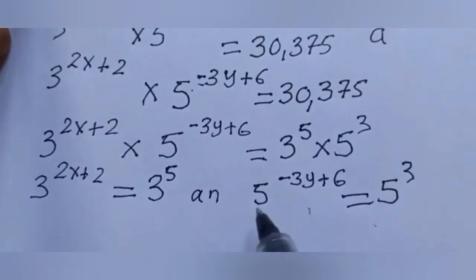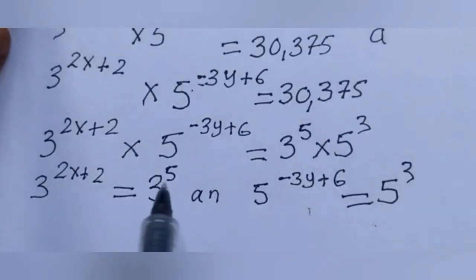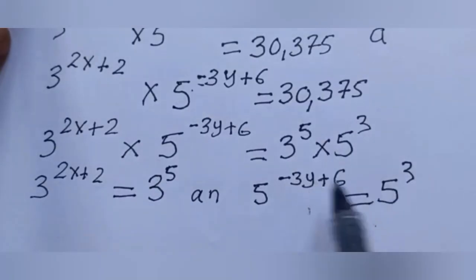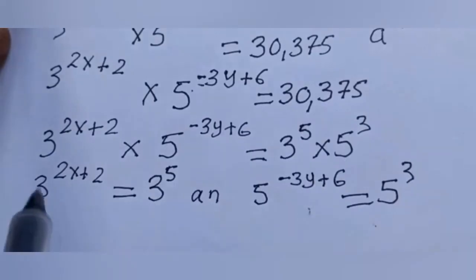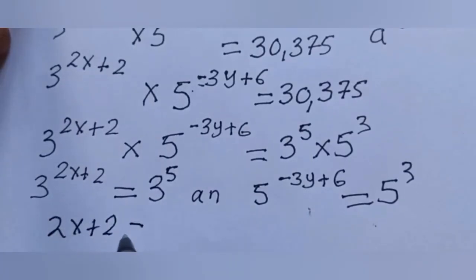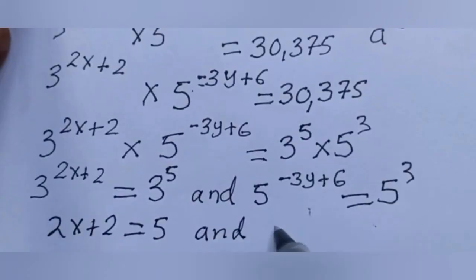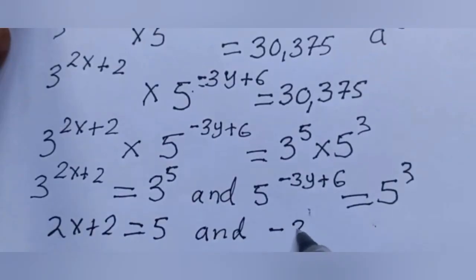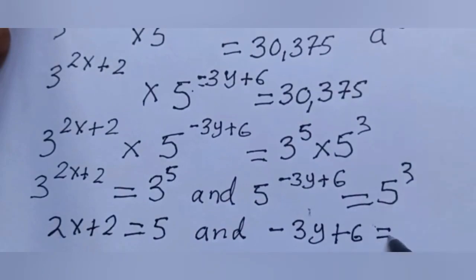Here we have base 5, and here we have base 5. Now we can equate the exponents, since they have the same base. So here we have 2x plus 2 equals 5, and negative 3y plus 6 equals 3.